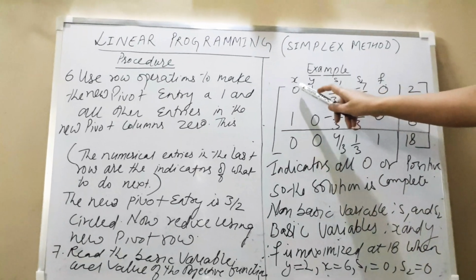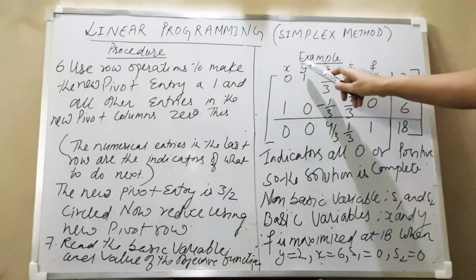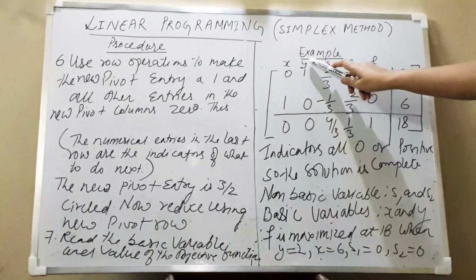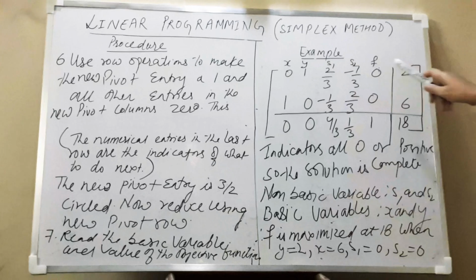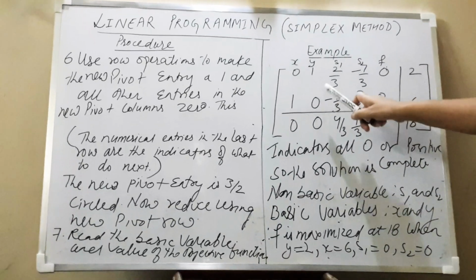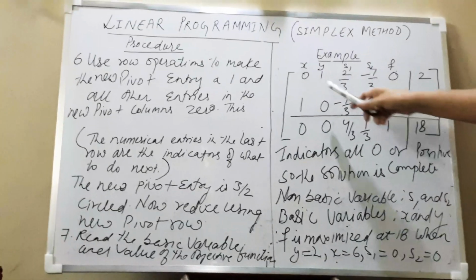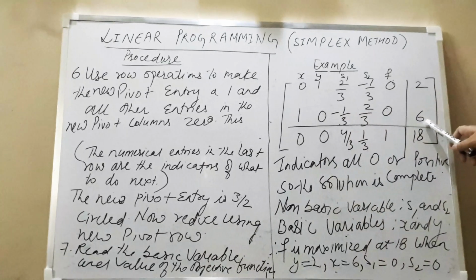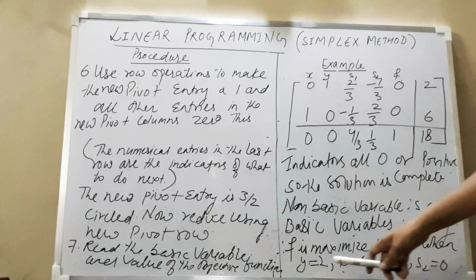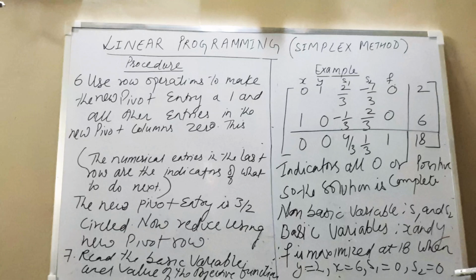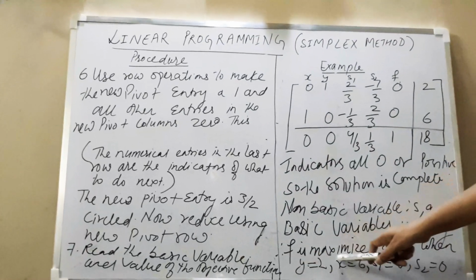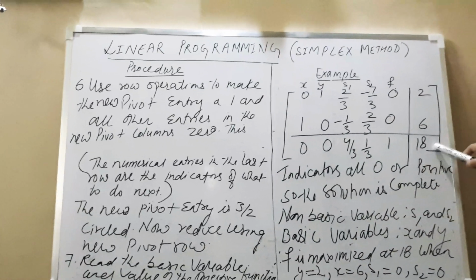We get Y as 2, and here we can see that for the basic variable X we get 6. So this is the solution, and the function is maximized at 18.